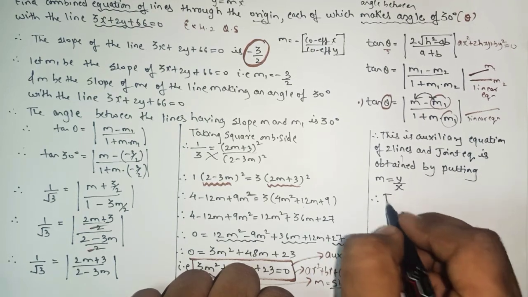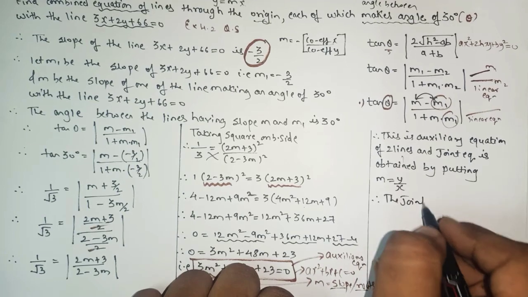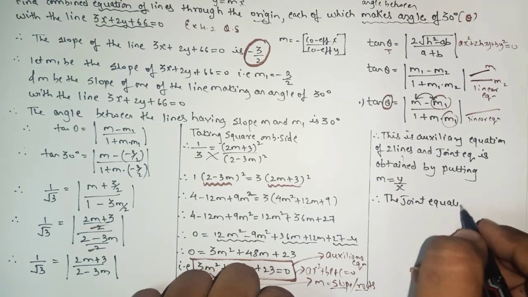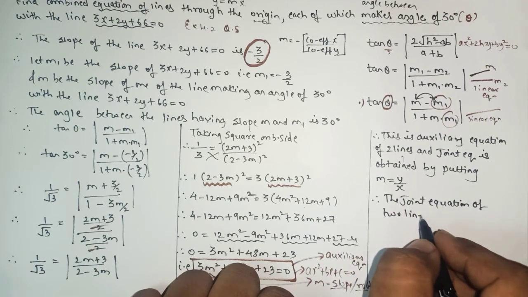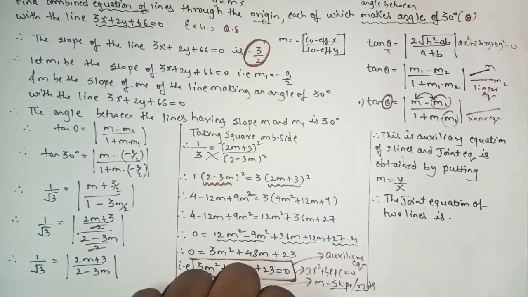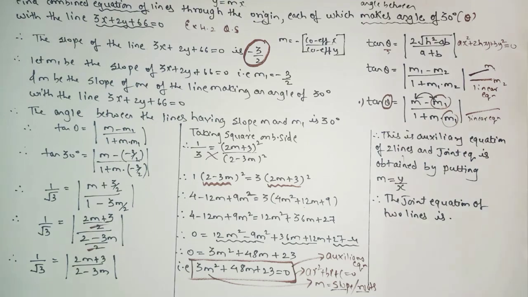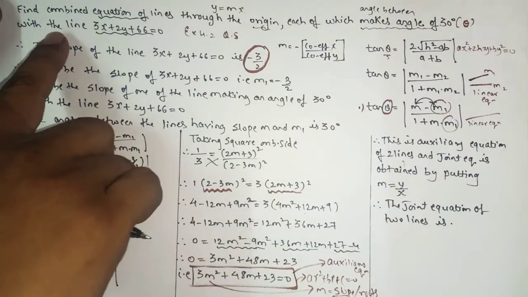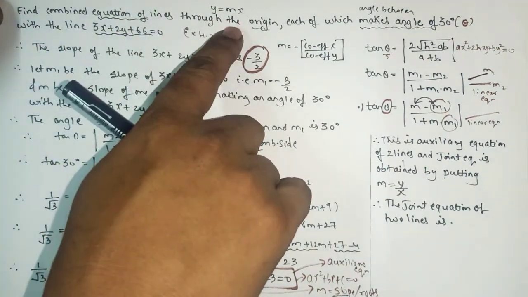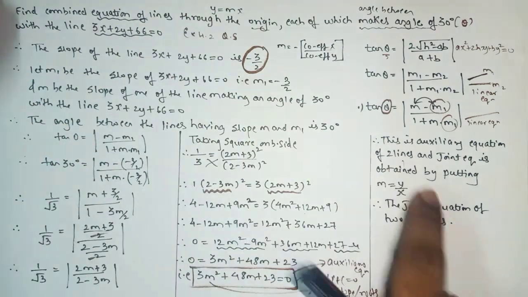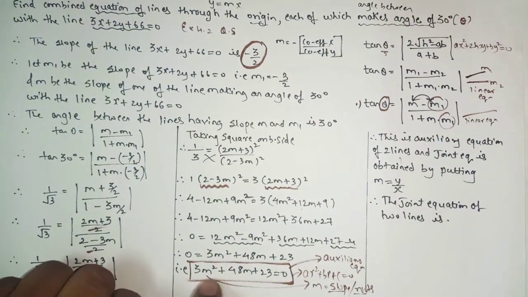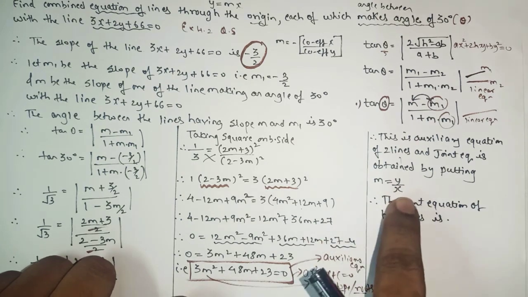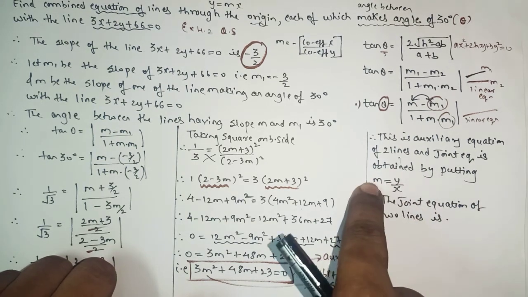Therefore, we can say the joint equation of two lines, it means what? We know that the combined equation of lines passing through the origin, so origin means y equal to mx, as here we got. When you replace m by y by x, yes or no?